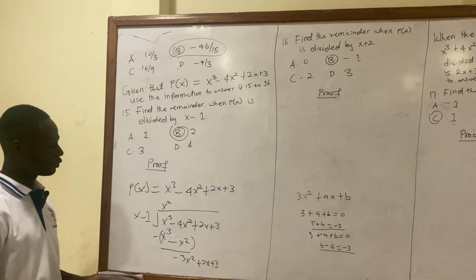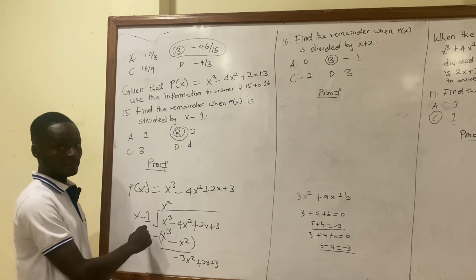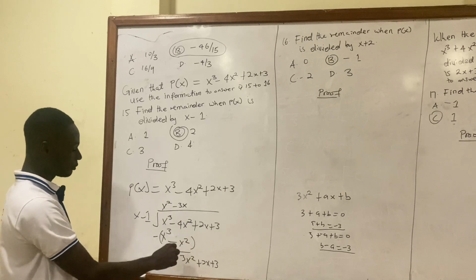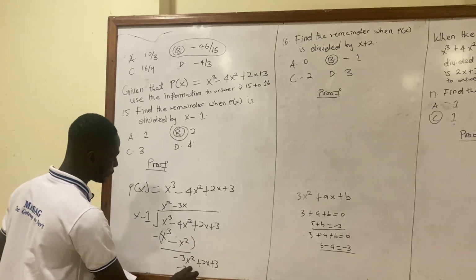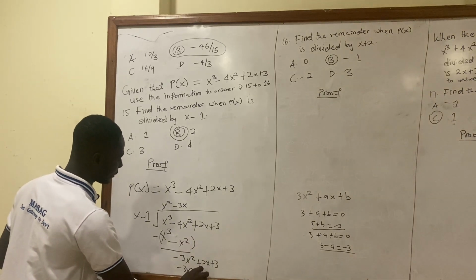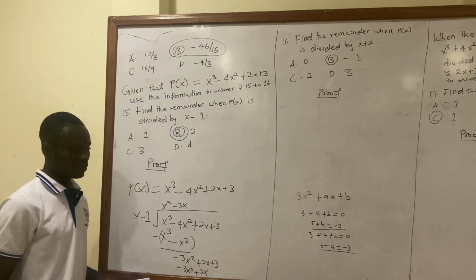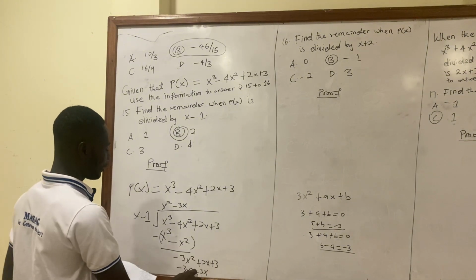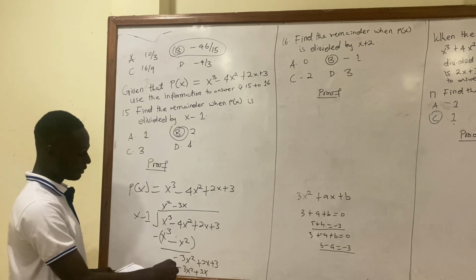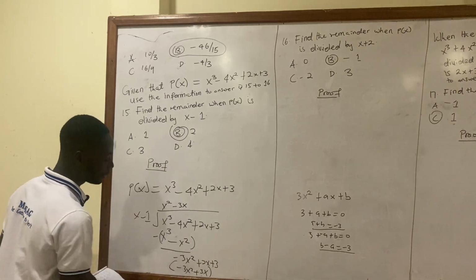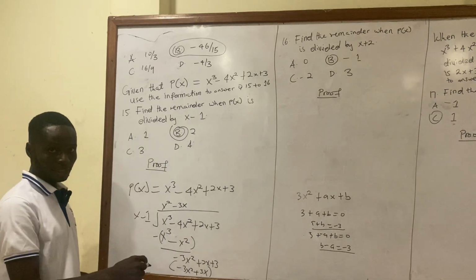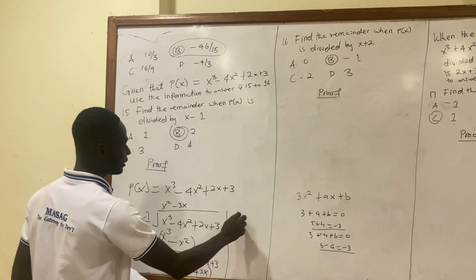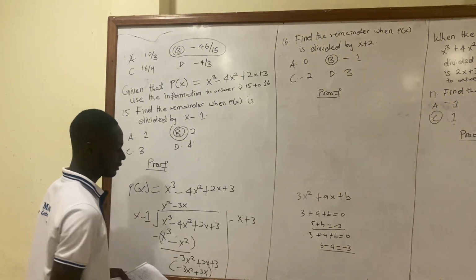So from there, you go again, get minus 3x, and then use it to multiply, get minus 3x squared plus 3x. Continuing this procedure, you subtract again, then you go back. Are you getting it? So you subtract, you have minus x plus 3.